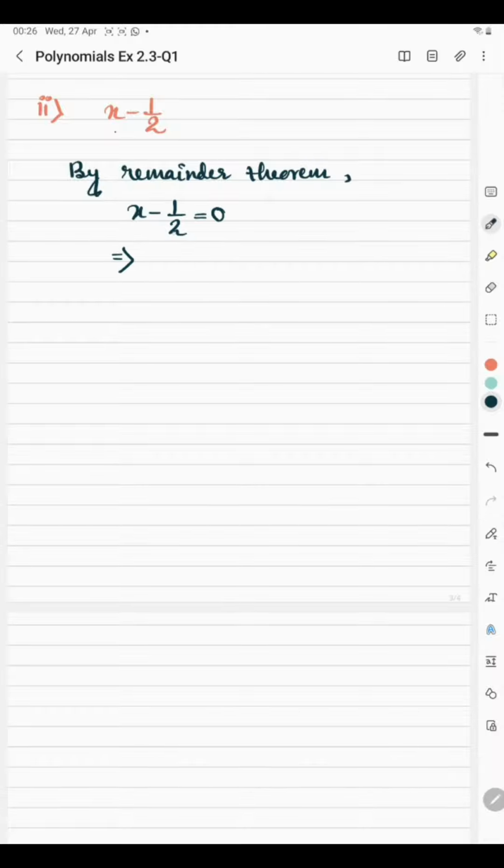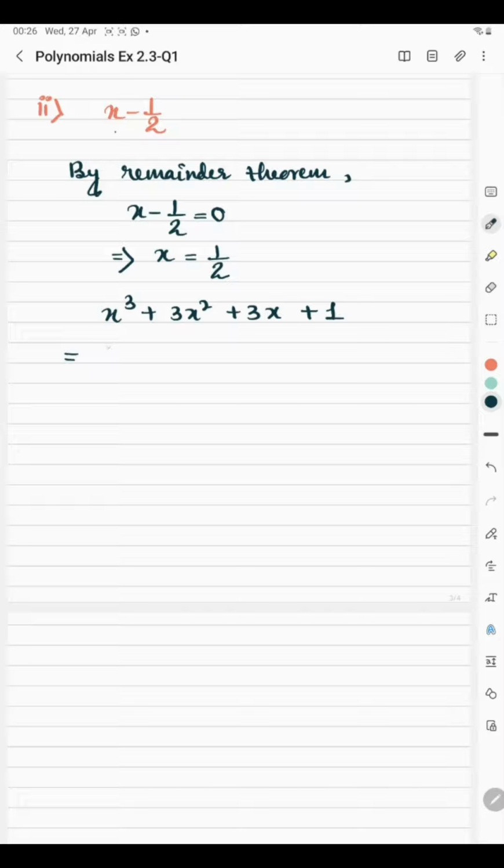So if you transpose 1 by 2 to the other side, then we'll be getting the value of x, which is 1 by 2. Polynomial x cube plus 3x square plus 3x plus 1. Okay, so we'll put the value of x over here.